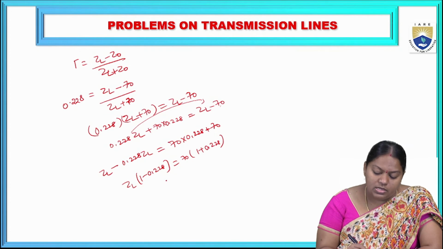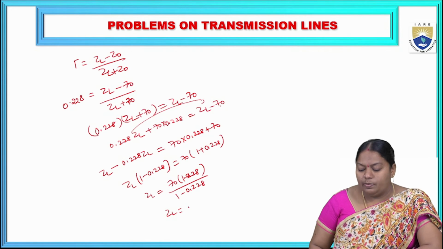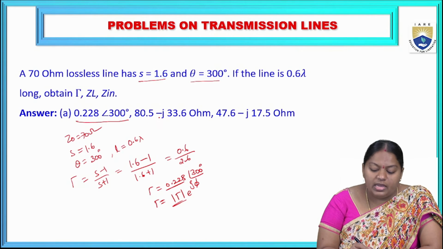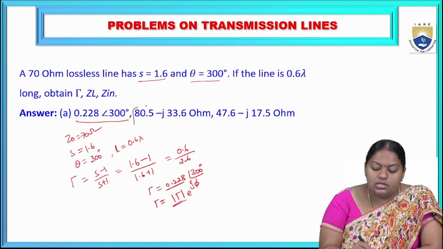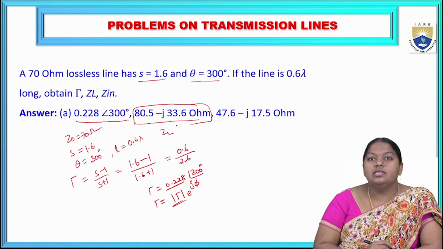So ZL is equal to 70 into 1.228 by (1 minus 0.228). Then the ZL value is obtained as 80.5 minus j33.6 ohms. This is the value obtained for load impedance ZL.